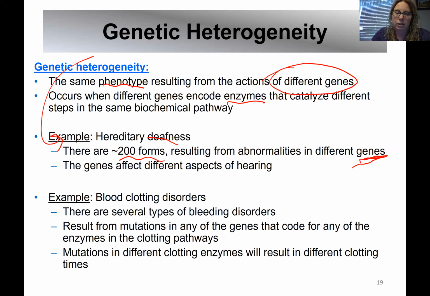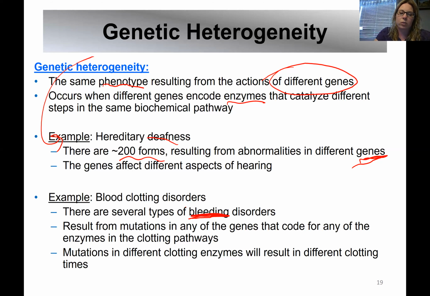Also, blood clotting disorders, okay? With blood clotting disorders, some people might clot too little, and they are at risk of bleeding, or people may develop blood clots that clot too readily and can cause stroke and things like that.